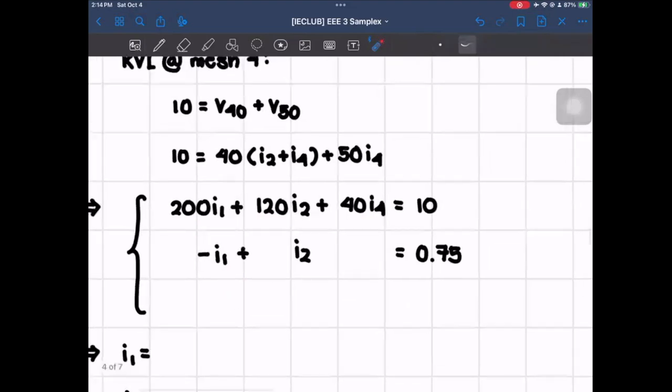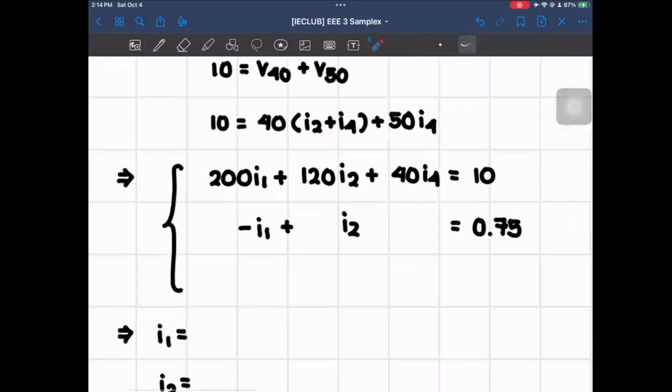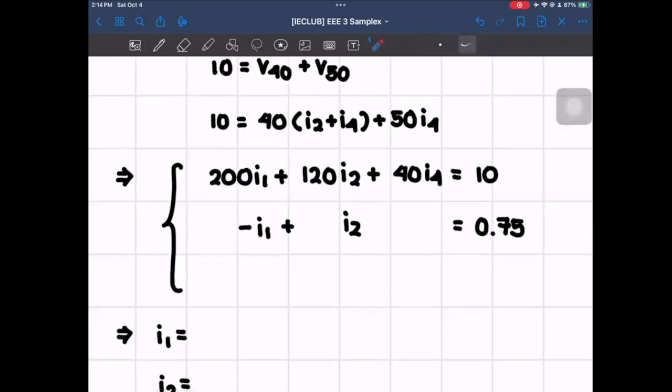And then next, for our third equation, we don't have any I1 value here. So for I2, it's just 40. So it will be 40 I2 plus, then our I4 is going to be 40 plus 50, which is 90 I4, which is equal to 10.